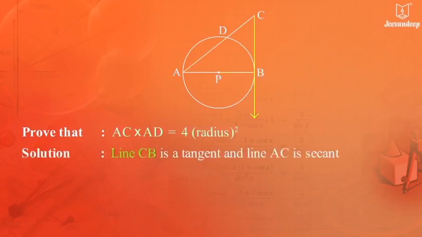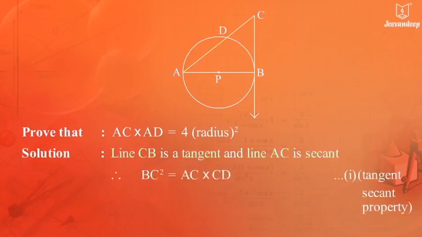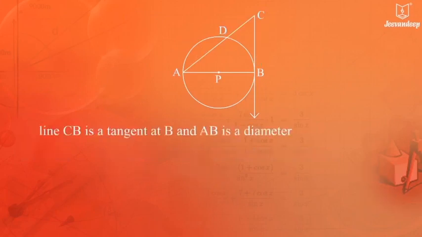Solution: line CB is a tangent and line AC is a secant. Therefore, according to the tangent secant property, BC square equals AC multiplied by CD. Equation 1.